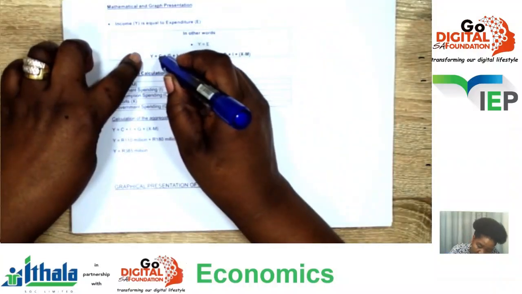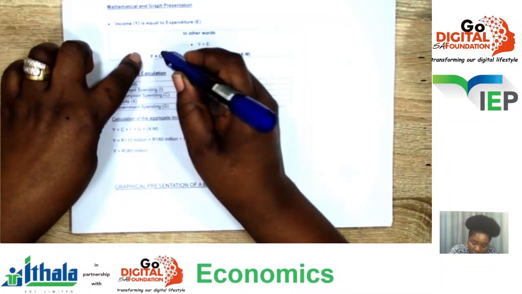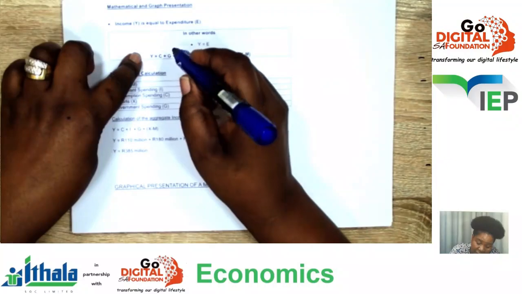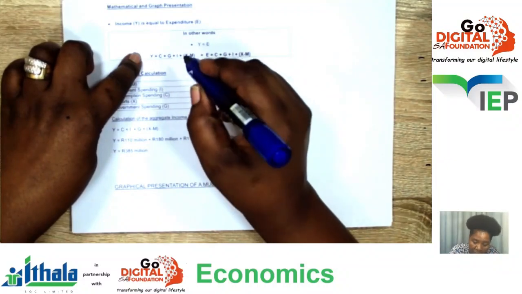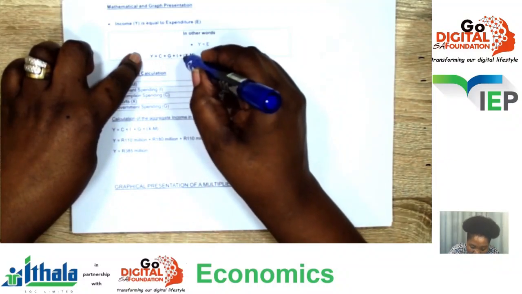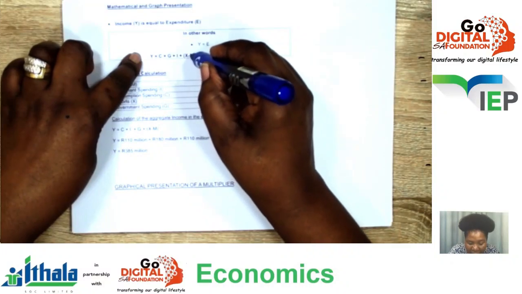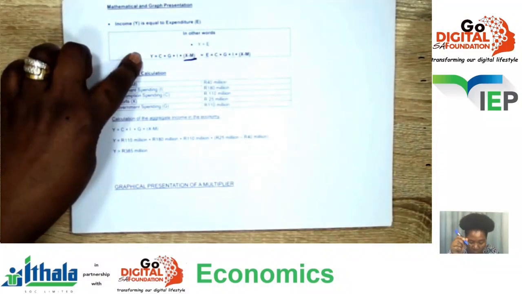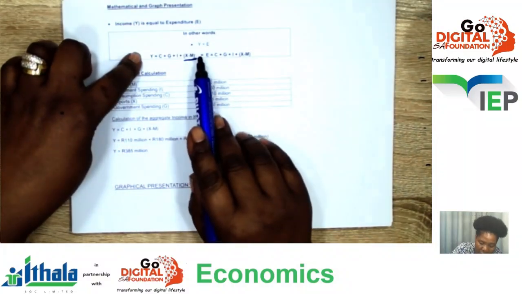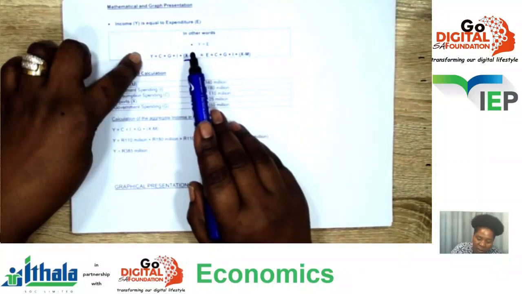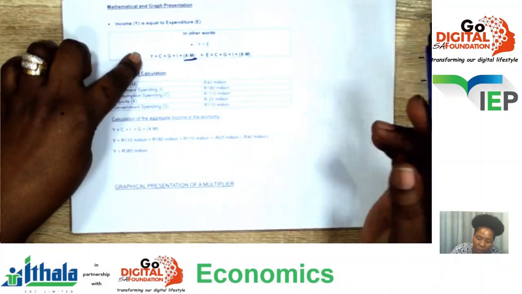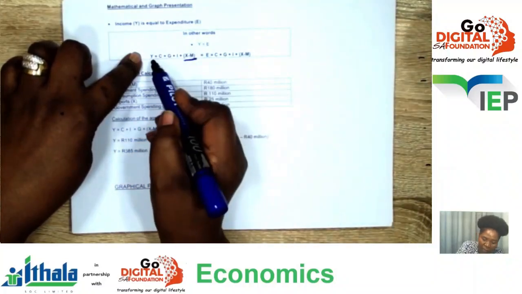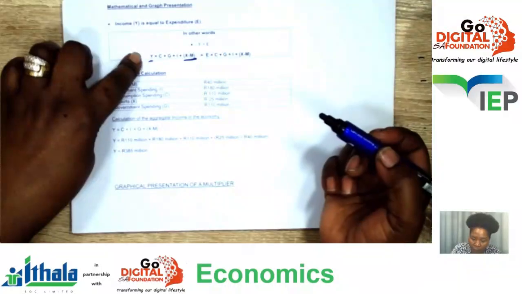So the consumers, which sometimes we call households, plus government spending, plus investment, plus exports, and minus imports. Here's the minus here. I put it in brackets for you. Why do we have to take away imports? Remember, I said it's money that is going out. The minute we buy goods from other countries, we're taking money out. So that is why it doesn't belong to income.